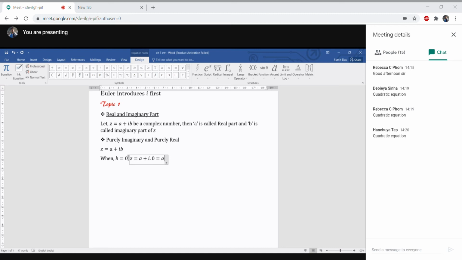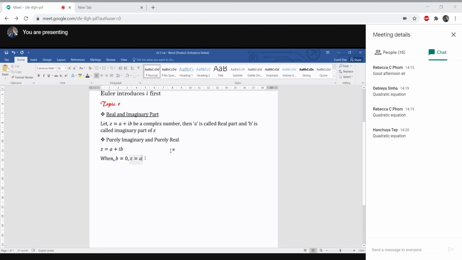Because i into 0 is 0. So z equal to a. Now a is a real number, right? That means this is a pure real number.